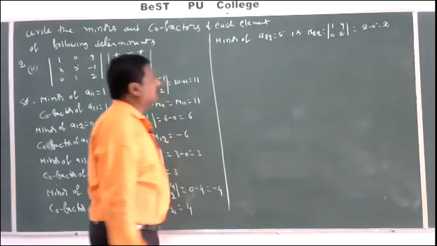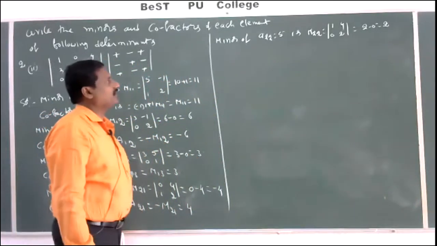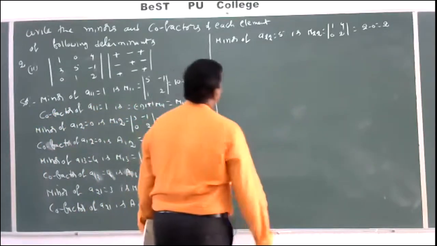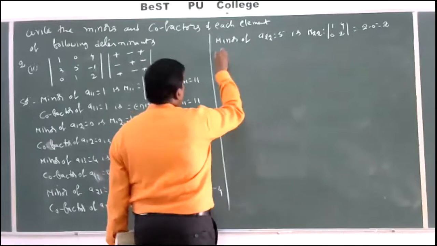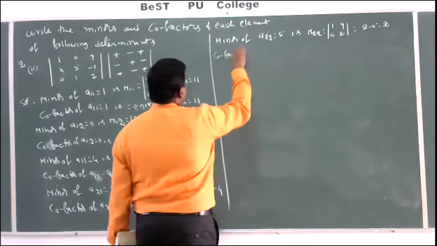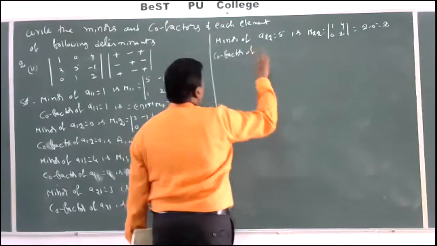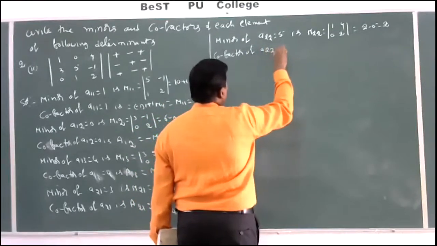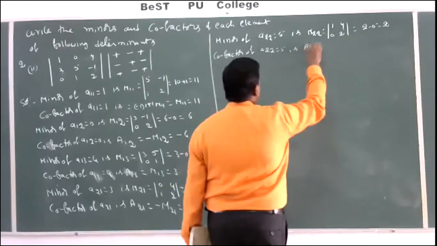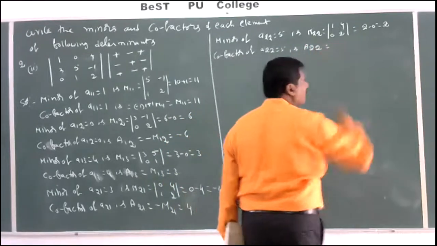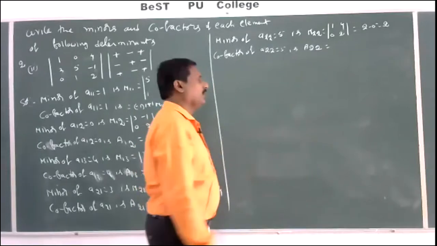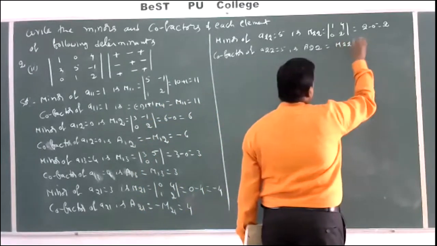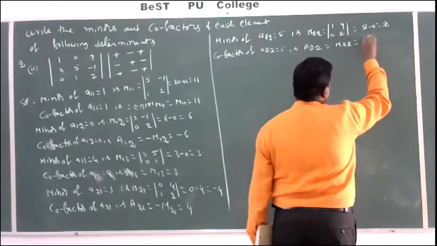Minor of a22, that is M22, the determinant of 1 4, 0 2, equals 2. Next, cofactor of a22 is capital A22. Here the sum of the suffixes 2 plus 2 is 4. It is even, so directly the minor M22, that equals 2.